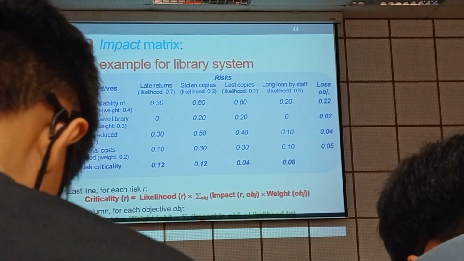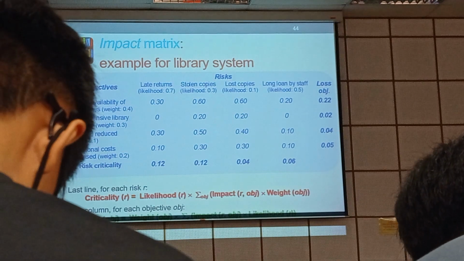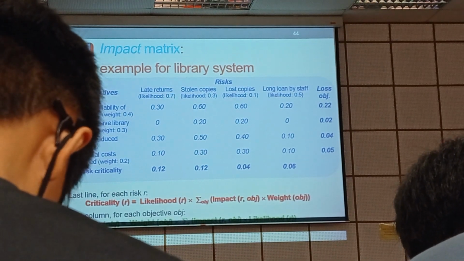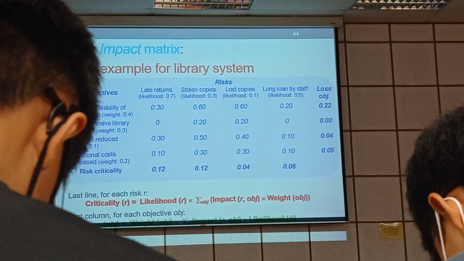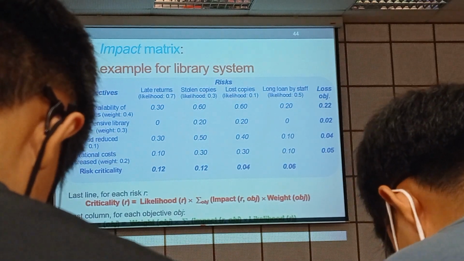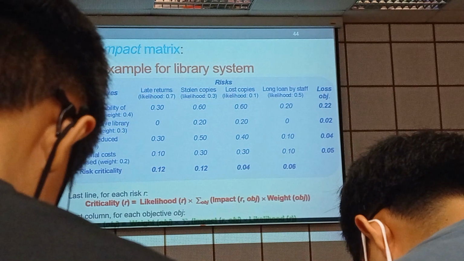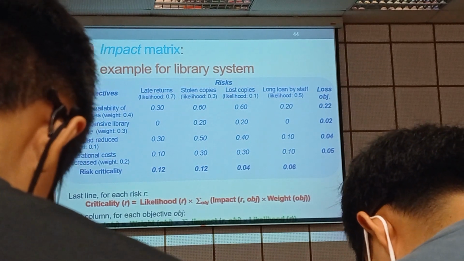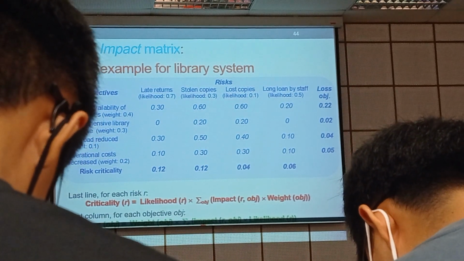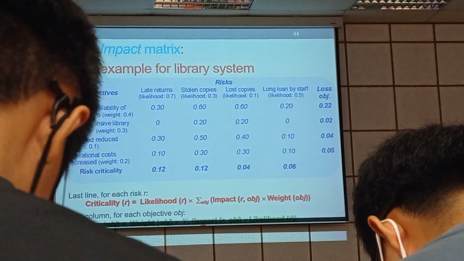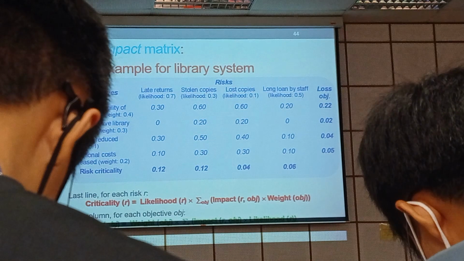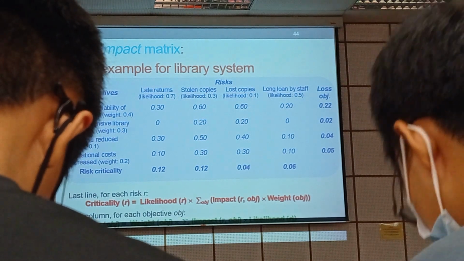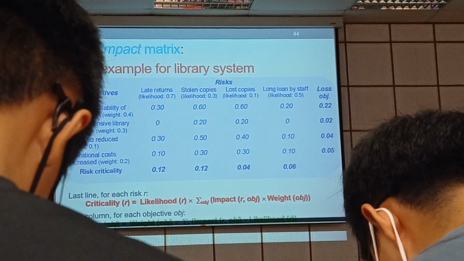Okay, class, listen. Impact is multiplied with the respective weight. The impact is the value in the middle. For one example, I take the date written. Can you tell me the impact? 0.3, 0.1. And what is the respective weight?